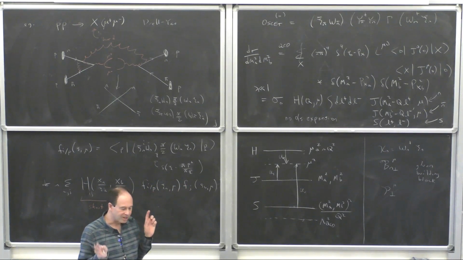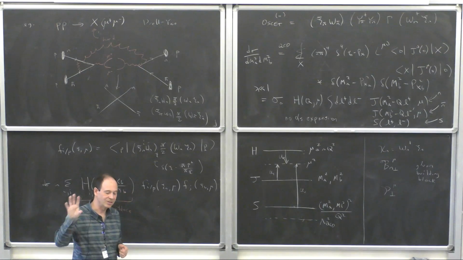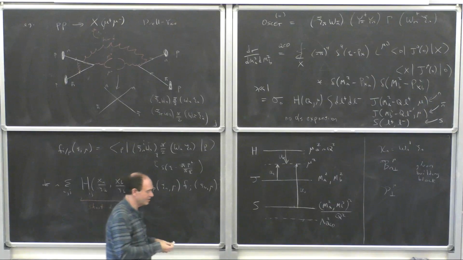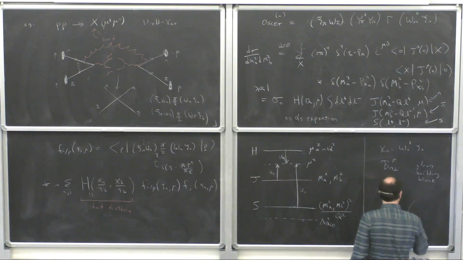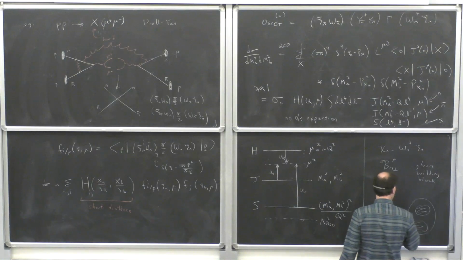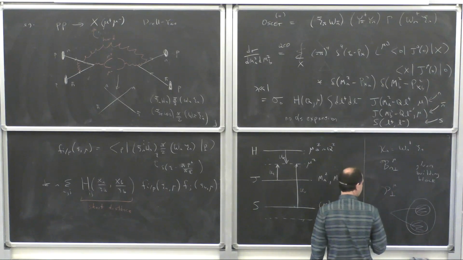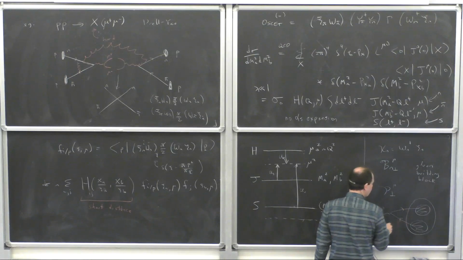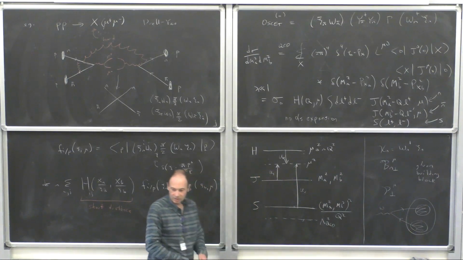People have looked at jet substructure, so not just the jet itself, but let's peer inside the jet. What's going on? Maybe inside the jet, you find 2 lobes of information, and that tells you, aha, maybe it came from a W boson, and I found that out by seeing that inside the jet, it looked like 2 subjets.